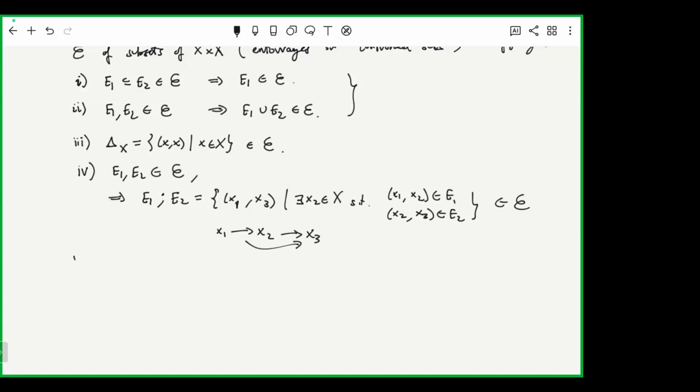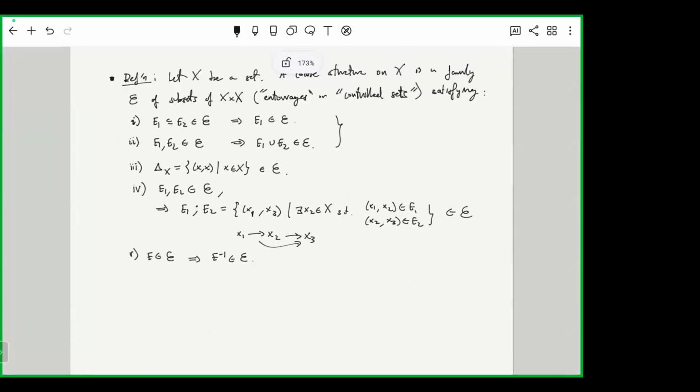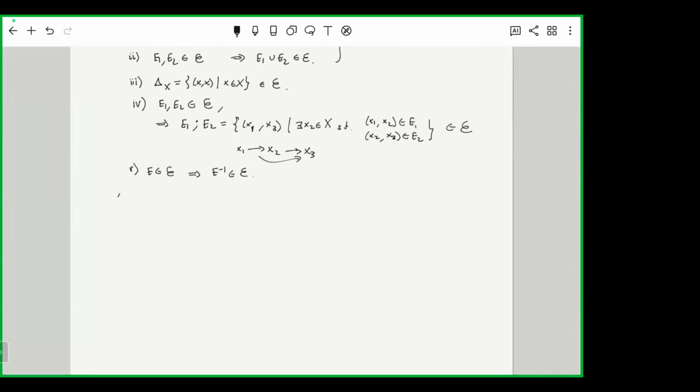And finally, if E is a controlled set, then the inverse is also controlled. So these structures are symmetric. So this is a coarse structure on X, and then a coarse space is a pair (X, E).